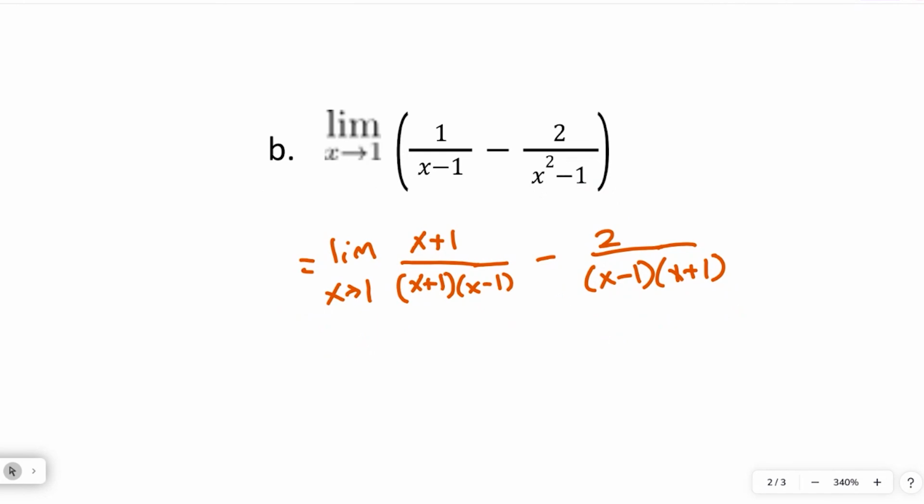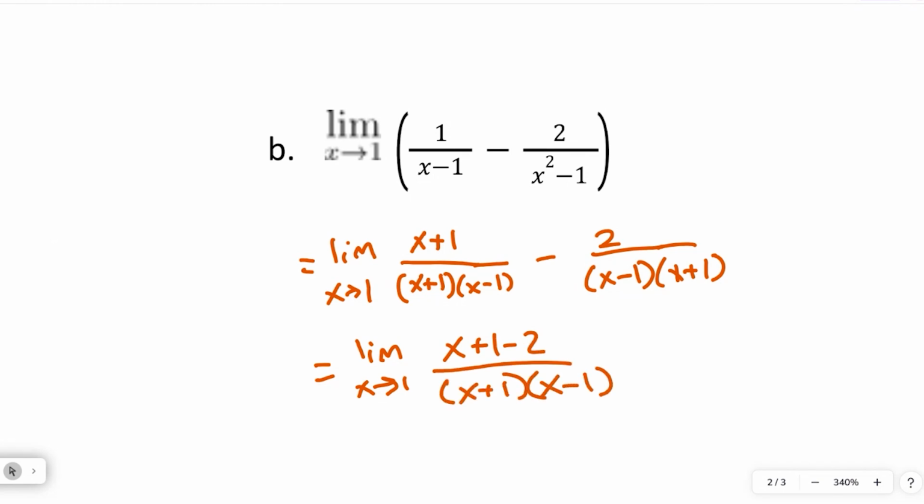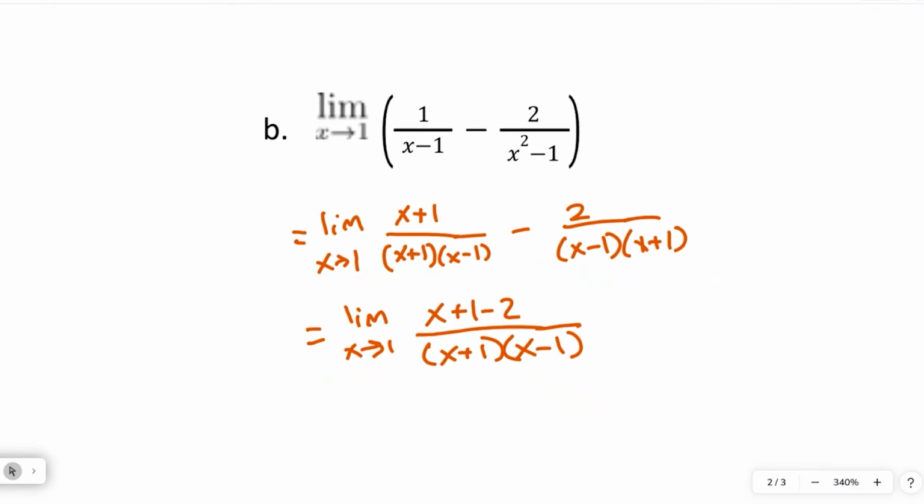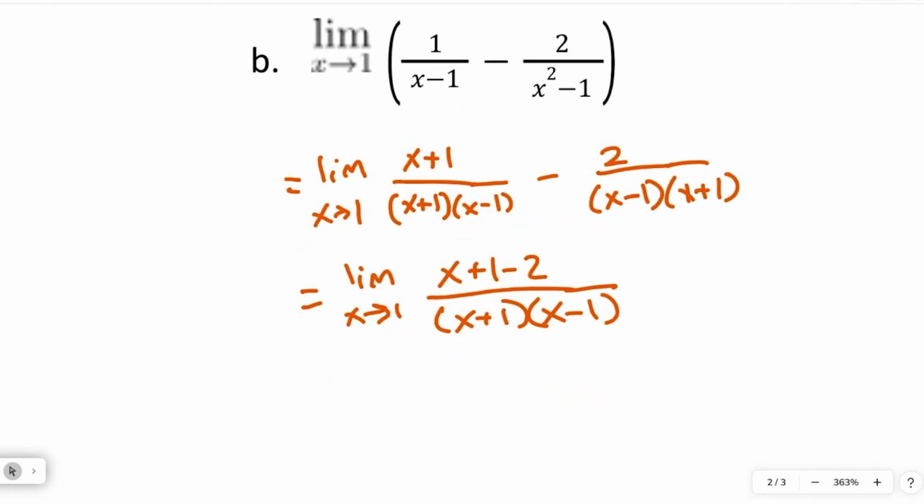Now I've got a common denominator, so I can combine these fractions. So we get x plus 1 minus 2 over x plus 1 times x minus 1. 1 minus 2 is negative 1. So we get that factor that we need to cancel.